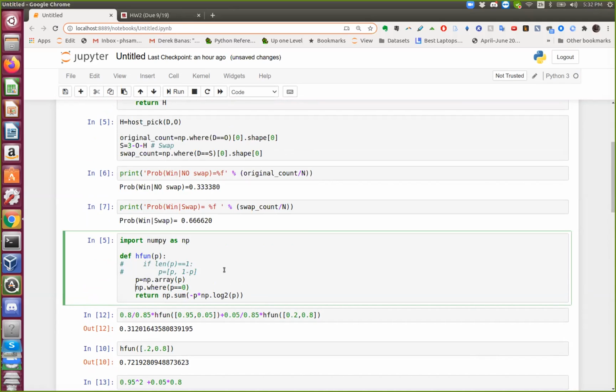How do I drop that? Do you guys know? Okay, I don't. My NumPy is not exactly so good. Let's see.